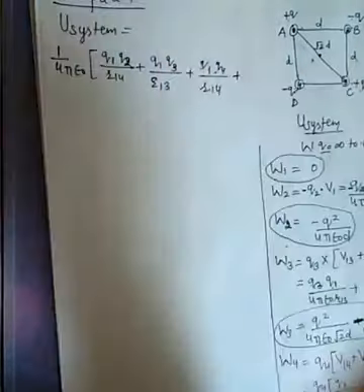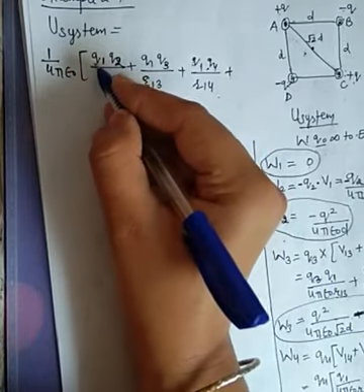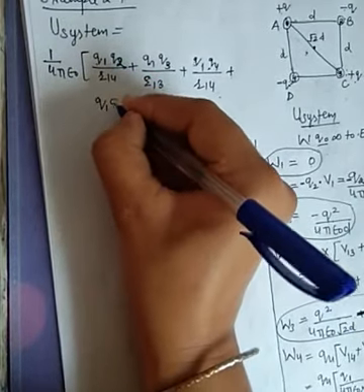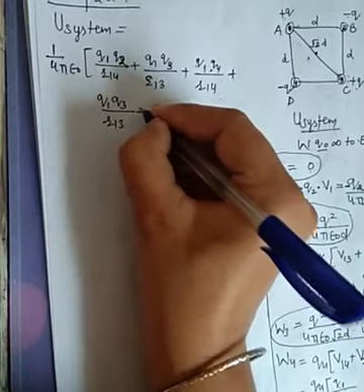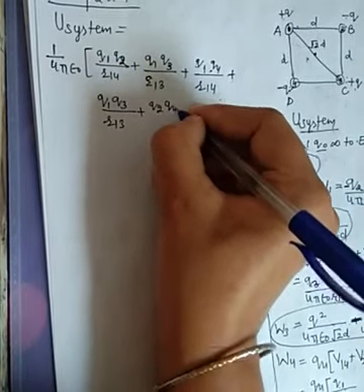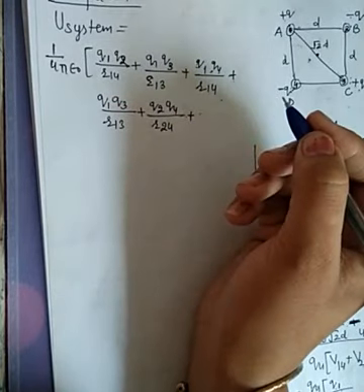Now it's turn for the second charge. Second with all: second with first done, second with third, Q2 Q3 upon R23, second with 4, Q2 Q4 upon R24. Now what about third?